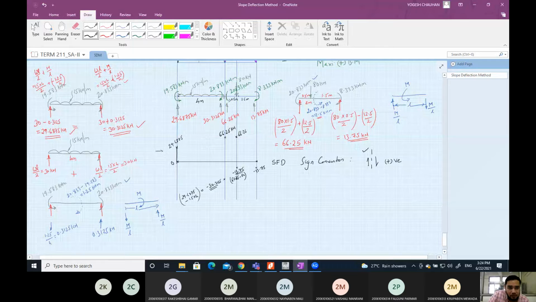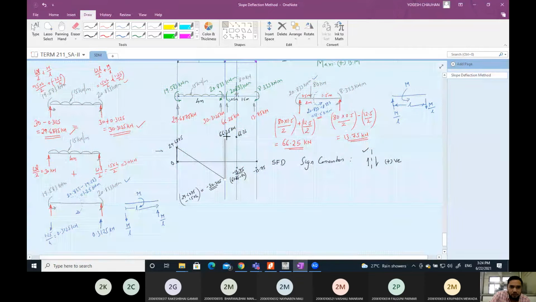Then as we move, this UDL will be acting, and so this will be a linear variation. Then from here to here there is sudden increase in shear force because of this support reaction.